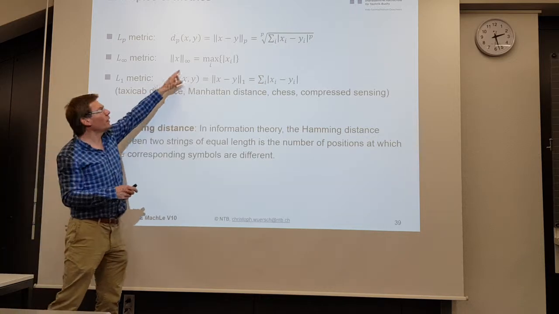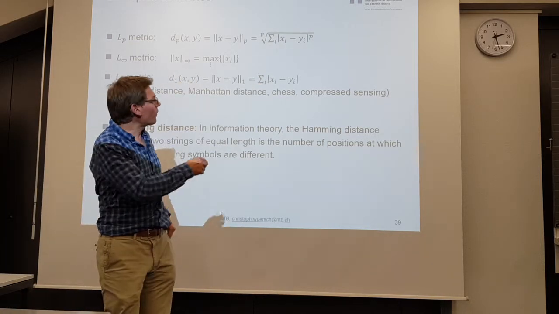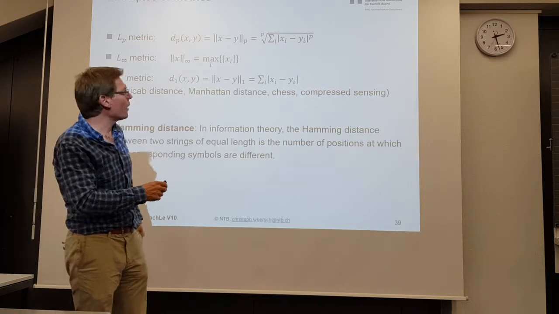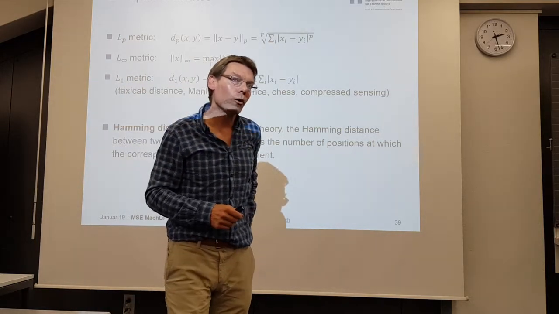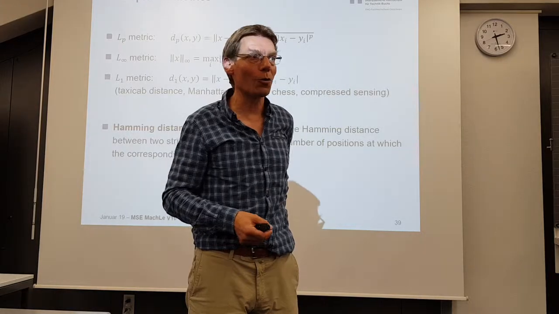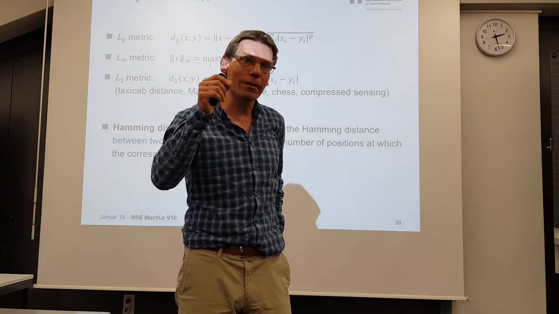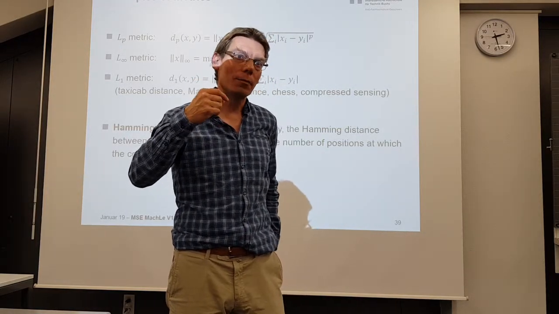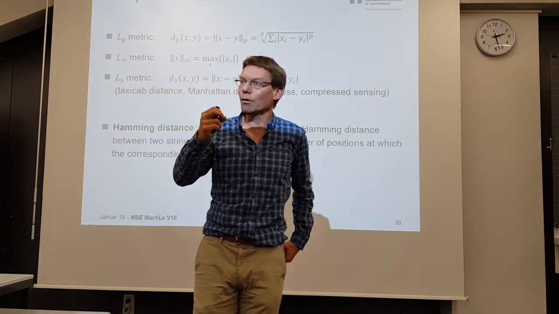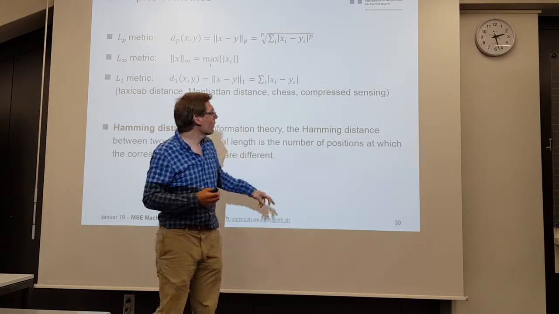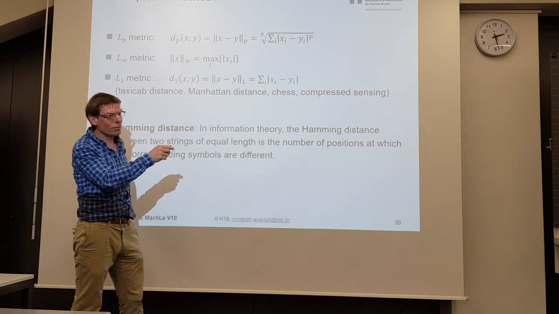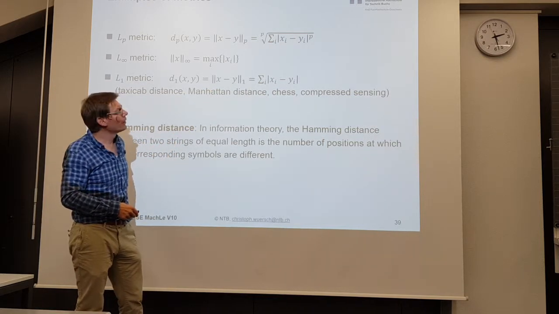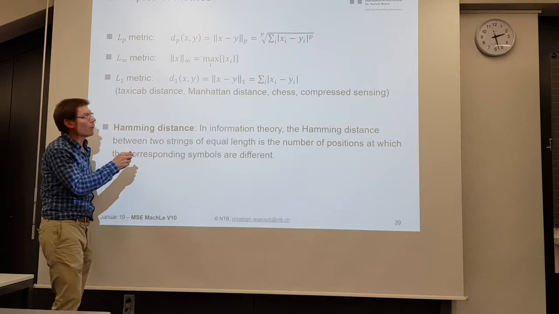If we put p to infinity, this norm tends to emphasize only the maximum value. One can show actually that the L infinity norm is just the maximum coefficient of a vector. It turns out that only the maximum survives if we let p go to infinity. So this is the maximum norm.